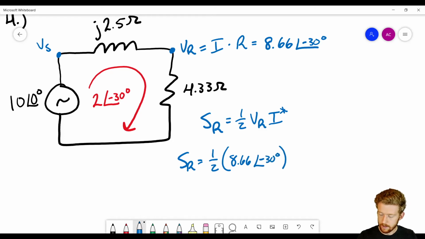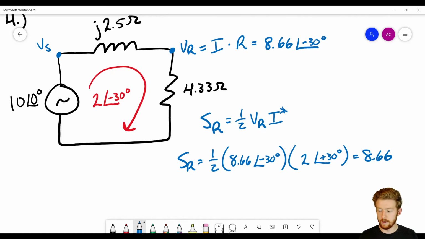And then our I conjugate, well, our I is 2 with an angle of minus 30 degrees. Now, if we make that a conjugate, that's going to be a plus 30 degrees. Okay. So now let's just plug this into our calculator. So I'm going to do 1/2 times 8.66 with an angle of minus 30 times 2 with an angle of plus 30.